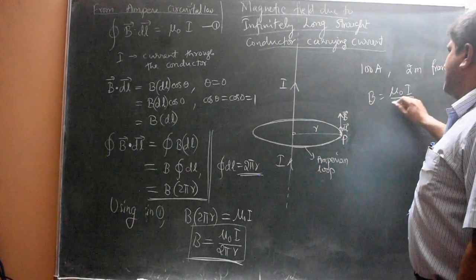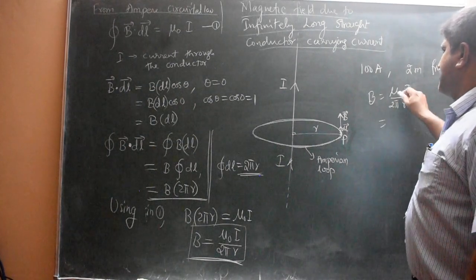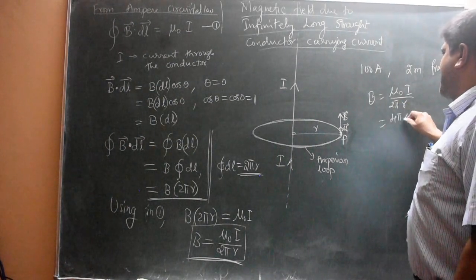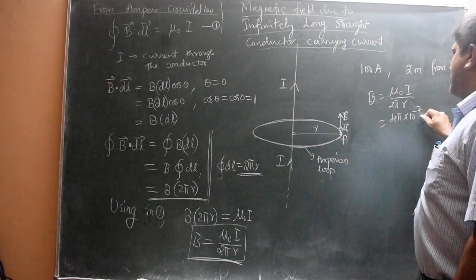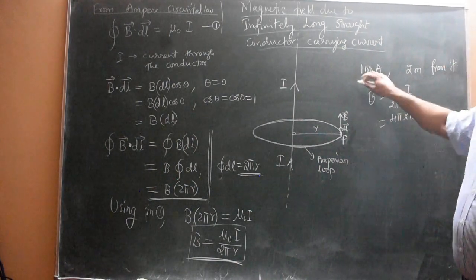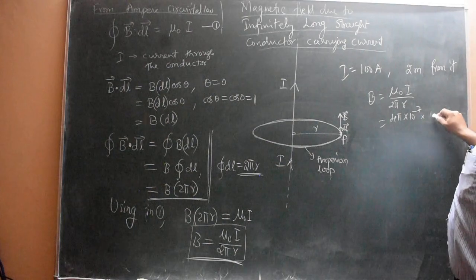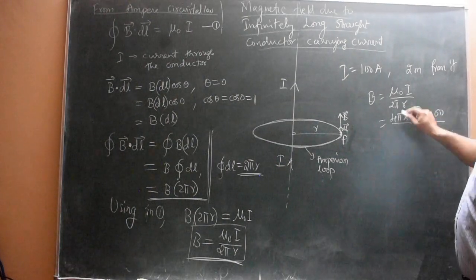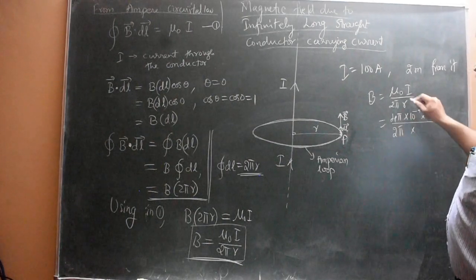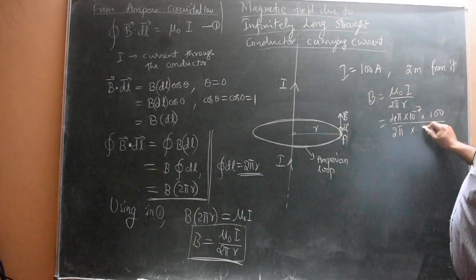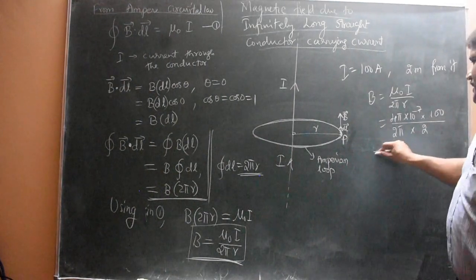You have to write the formula, mu naught I divided by 2 pi r. Substitute: mu naught is 4 pi into 10 power minus 7, current I is 100 ampere, divided by 2 pi into distance r. The distance given is 2 meter. Correct? Yes, 2 meter.